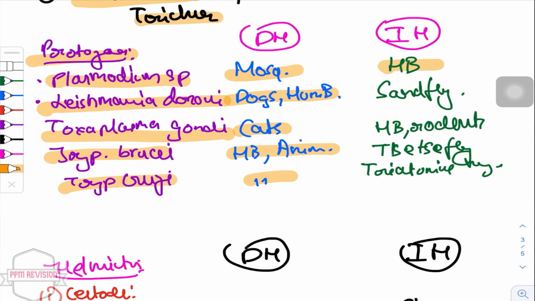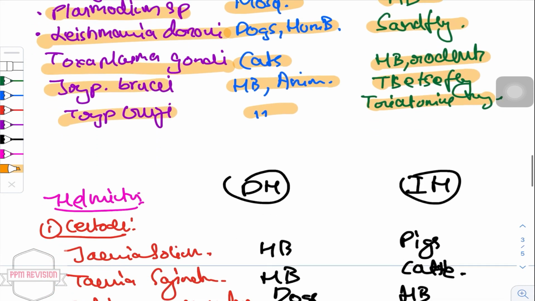Now, looking at the intermediate host, Plasmodium is human beings, Leishmania is sandfly, and Toxoplasma gondii is human beings or rodents. Trypanosoma brucei is tsetse fly, and Trypanosoma cruzi is nothing but the triatomine bug.